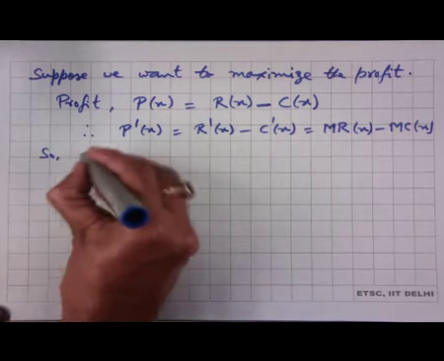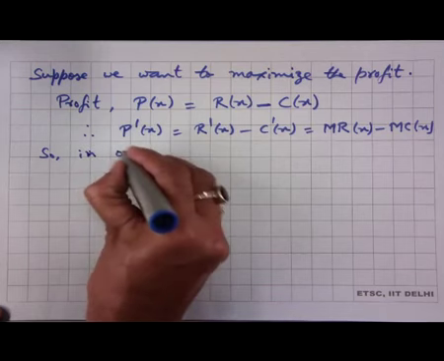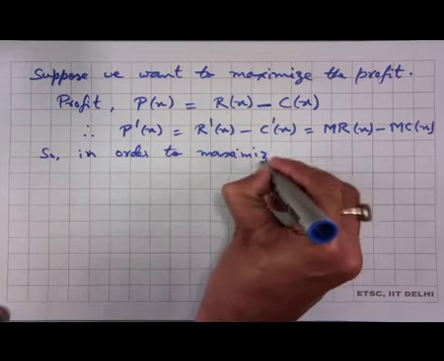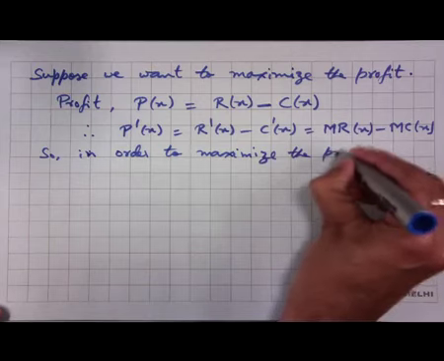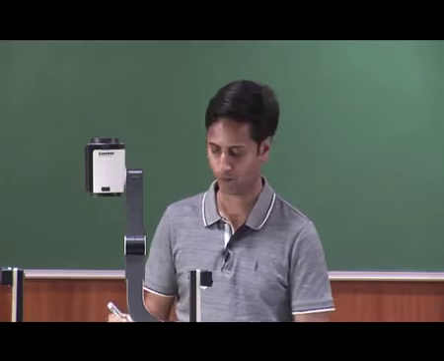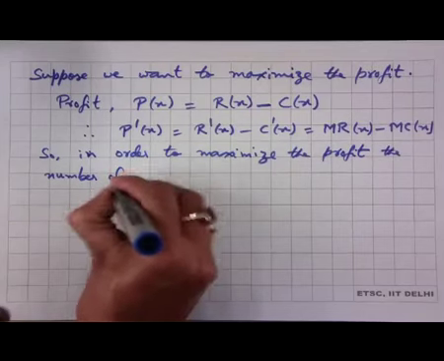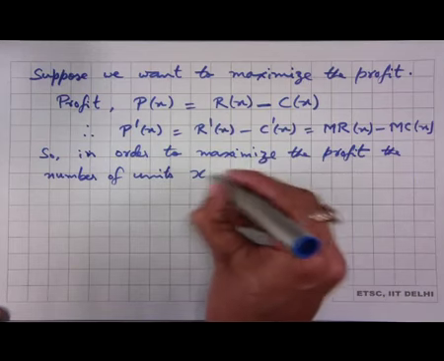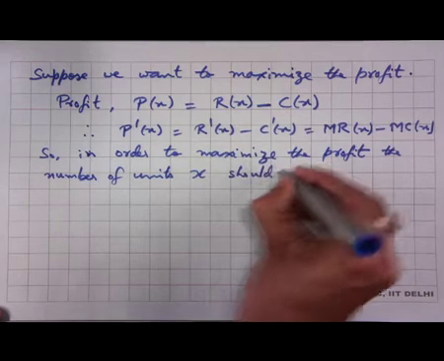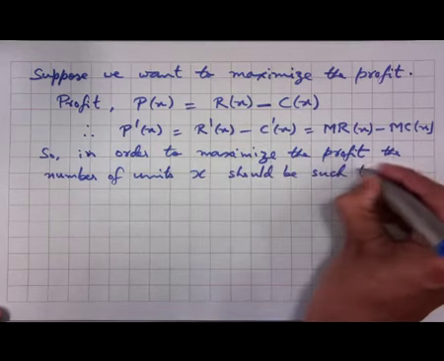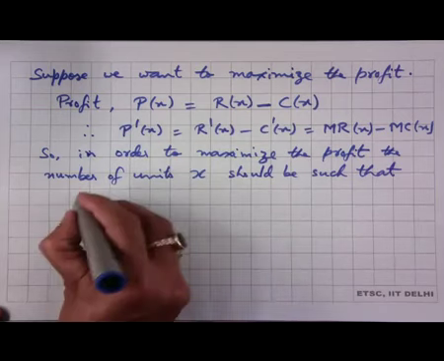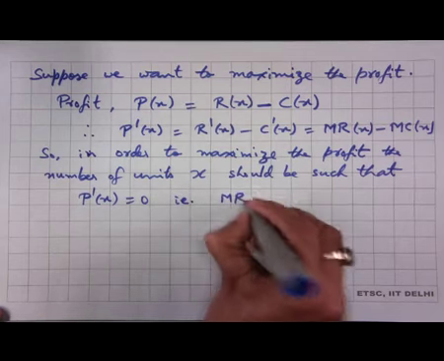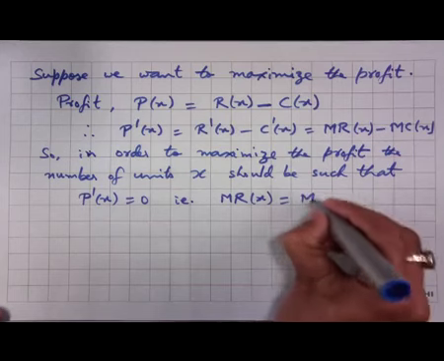So, in order to maximize the profit, the number of units x should be such that the derivative P prime x is equal to 0, that is marginal revenue of x should be equal to marginal cost of x.